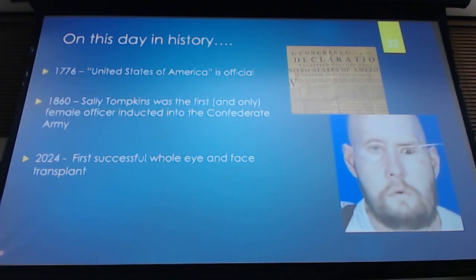They don't really consider it successful until a year after, and it was a year after, so technically it is successful. The last I read, for a long time he couldn't see anything out of his transplanted eye. His pressures were all normal, and they couldn't identify why he couldn't see, but the last I read he was able to see large things, like if your hand was waving, but not small things. Still a pretty significant feat in medical history for a face transplant.